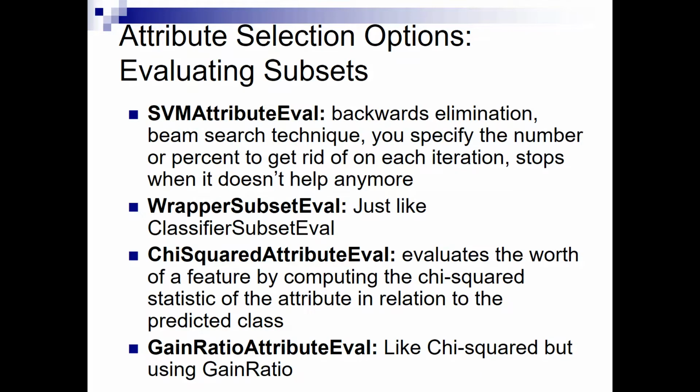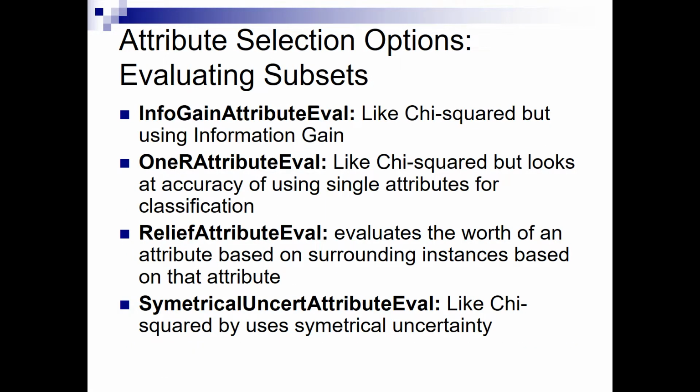So correlation attribute eval is another one that is very analogous in terms of its performance. Gain ratio attribute eval is like chi-squared but uses gain ratio. Info gain attribute eval again, but uses information gain. 1R attribute eval, again, the same, but uses the accuracy of a rule that has only that one feature as the metric.